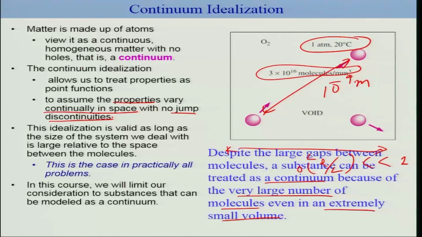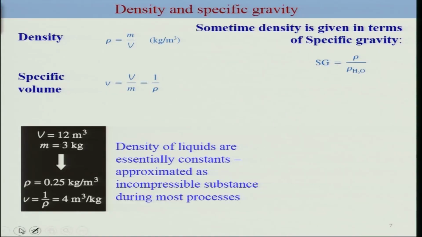Considering the systems we are going to look at, because of the extremely small size of the atoms, this will be the practical case for all our problems. We are not going to take sand particles, grain or asteroids, which are large in size. So in this course we will limit our consideration to substances that can be modeled as a continuum.